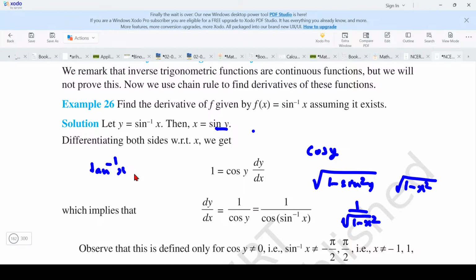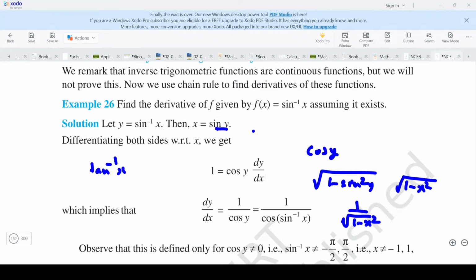Differentiate tan inverse x. Sir, I got the answer. How much? Sir, I got 1 by 1 plus x square.